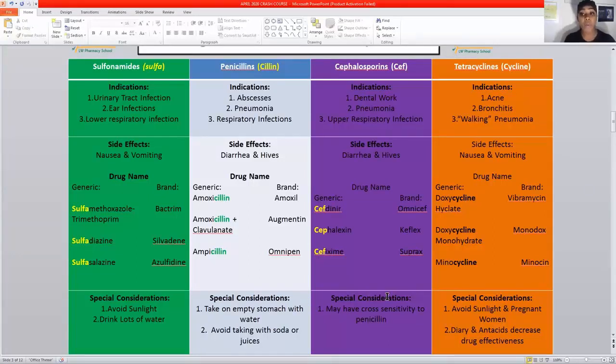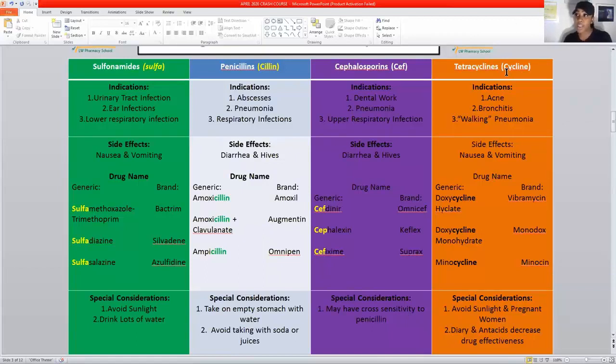So I always wipe down my counting tray to make sure I don't spread anything to the next drug, right? That's something you can start doing. If you count penicillin, most of the time your pharmacist will encourage you to wipe it down. Even if they don't, now you know there's something you can do, because some drugs do have a cross sensitivity to penicillin.